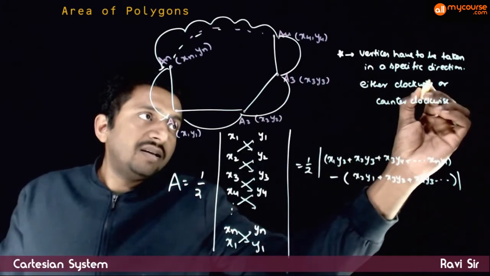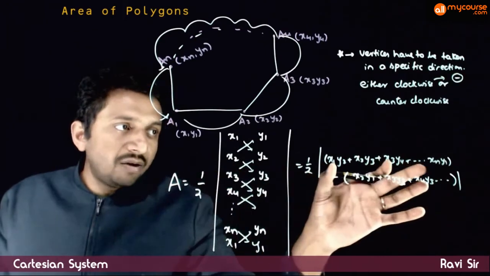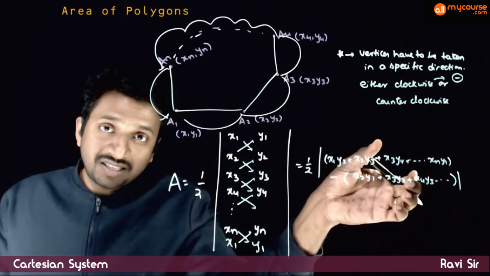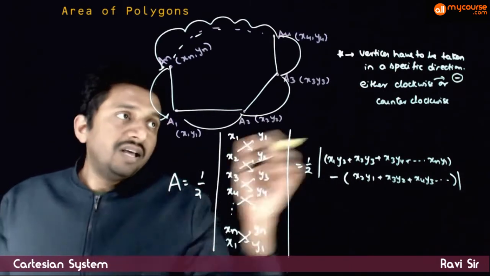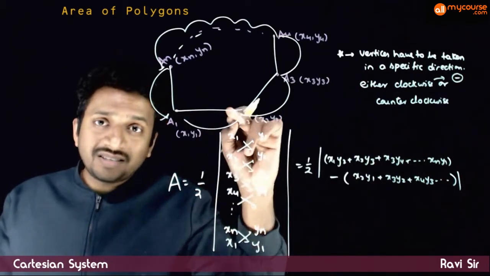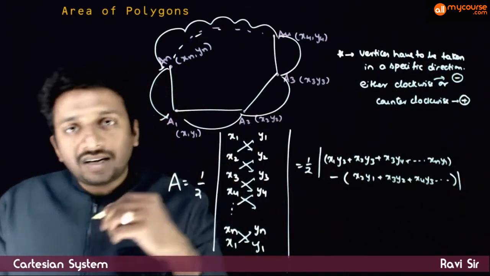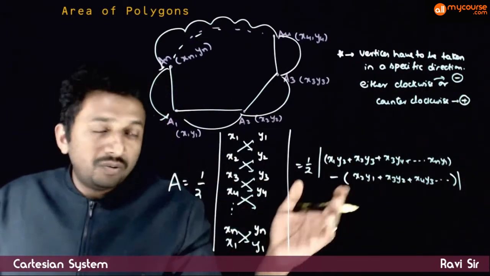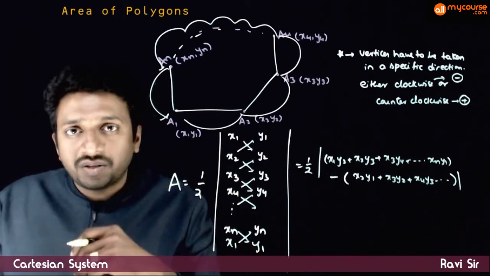If you take the vertices in clockwise direction, you get the sign of this expression as negative. You have to take mod, anyway you get the positive answer. If the vertices are taken in counterclockwise direction, you directly get a positive answer. So after taking mod also, that number remains positive.